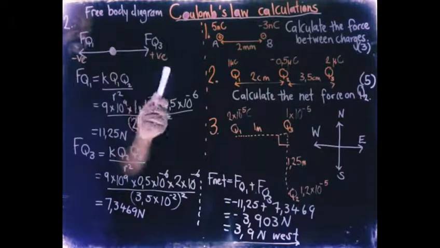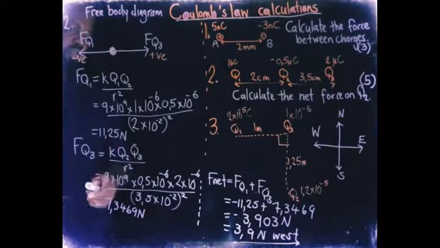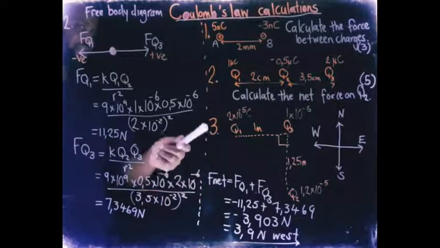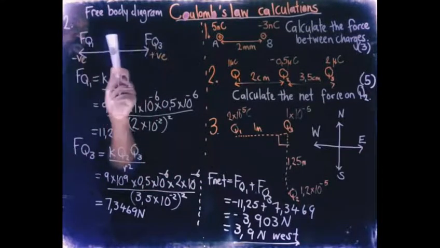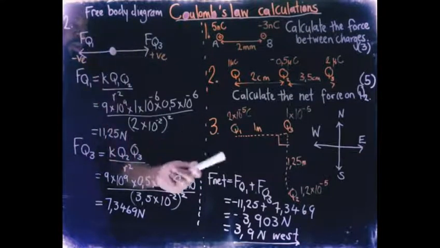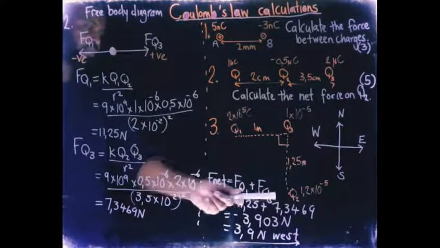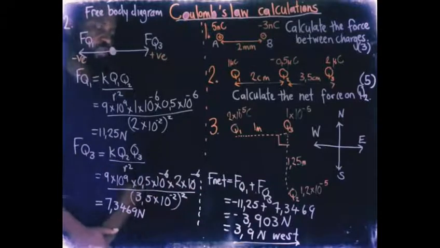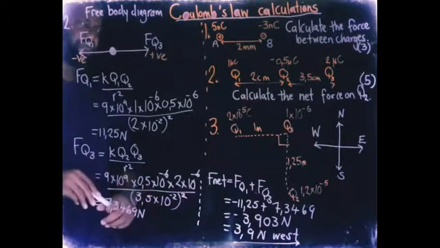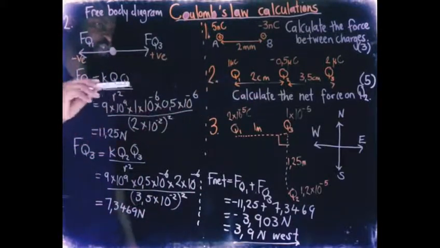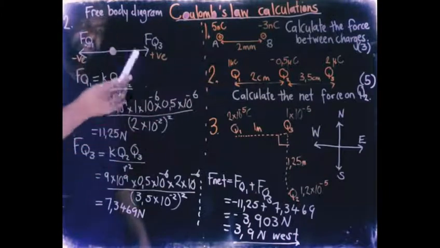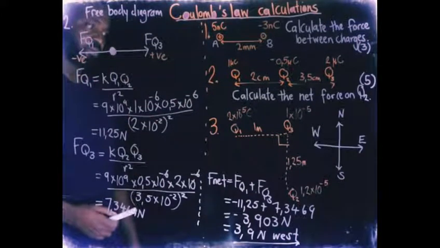Once you've got the distance and the magnitude of the forces, say the net force is the vector sum of the 2 forces. Remember to treat your vectors correctly by adding the correct signs, and then you get a net force. So when you have 3 charges arranged in a linear fashion, approach it like this.